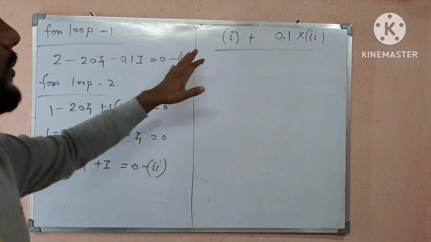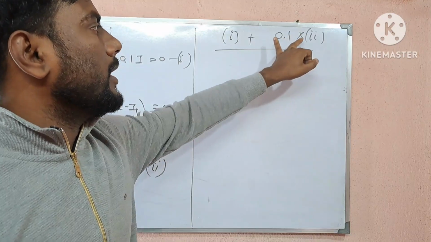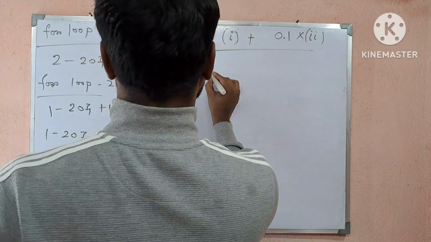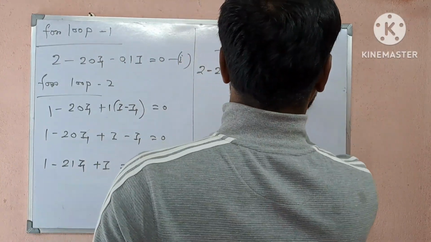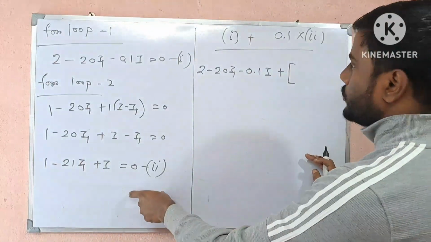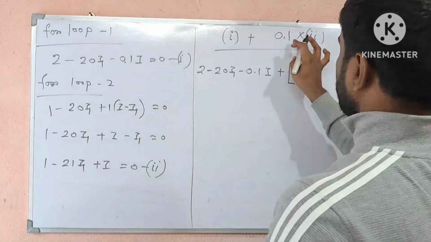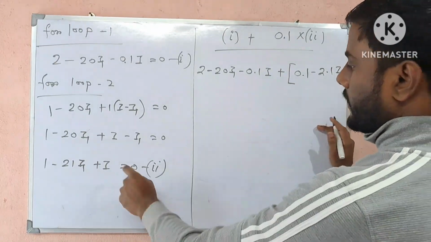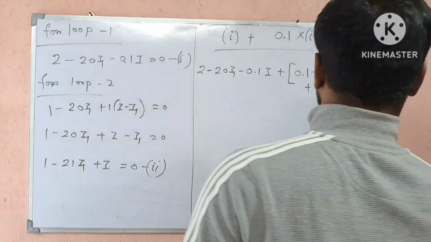So what we have to do, we have to add equation 1 with equation 2, but before that we have to multiply equation 2 with 0.1. So let's write this step. 2 minus 20 I1 minus 0.1 I plus, we have to multiply equation 2 by 0.1, so that will be 0.1 minus 21 into 0.1, that will be 2.1 I1, and that term will be plus 0.1 I is equal to 0.